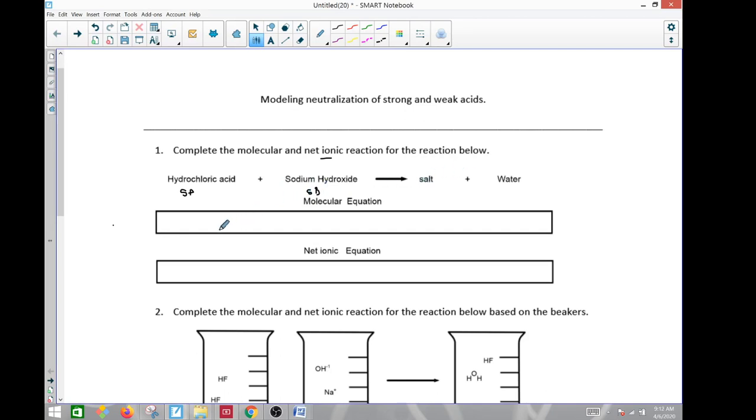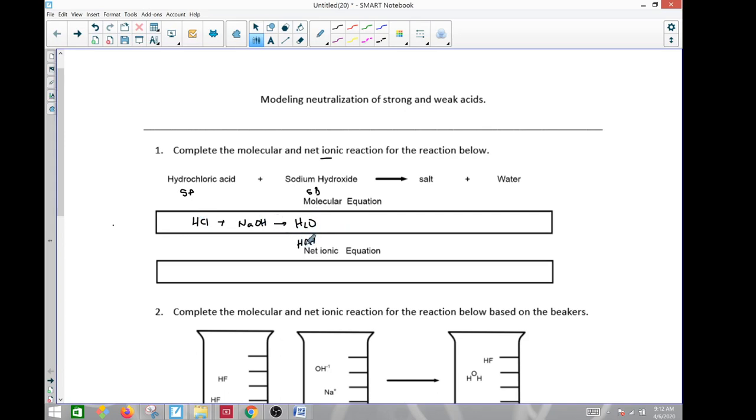So the molecular equation is going to be HCl plus NaOH yields H2O, or sometimes people call it HOH, which is perfectly fine. Sometimes it looks a little better with H and OH.